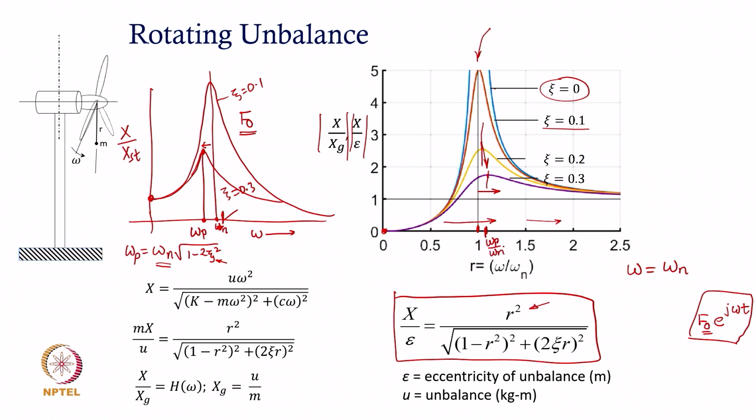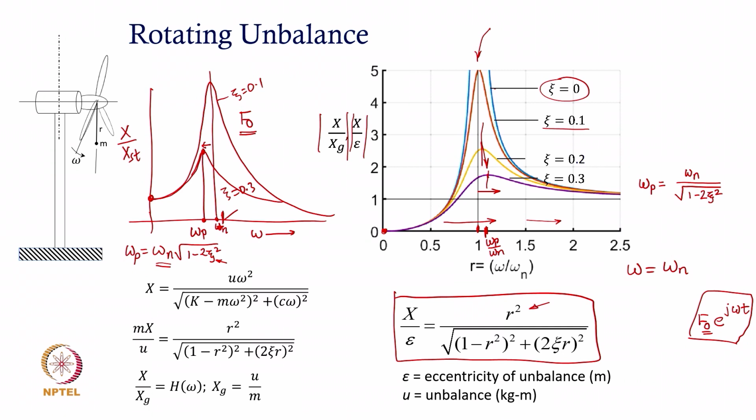Now I can write this as a ratio of omega p over omega n, and that frequency ratio is shifting to the right hand side. This omega p in the case of the rotating unbalanced case is given by omega n over square root of 1 minus 2 zeta square, and it is possible to find this out again by following the same process.